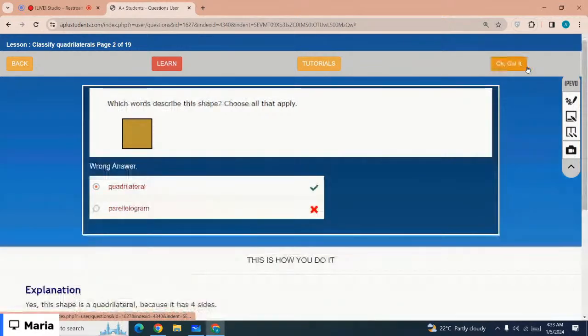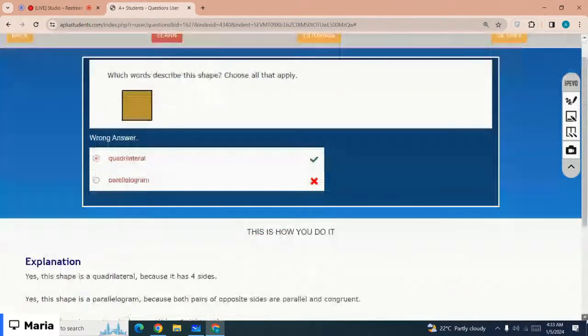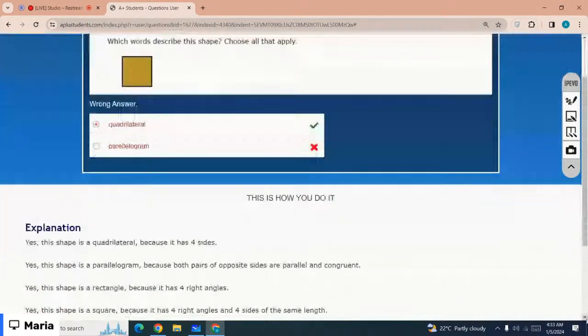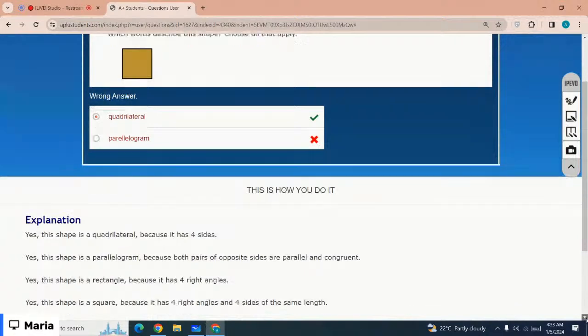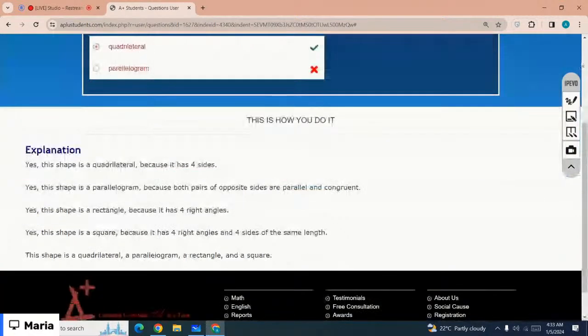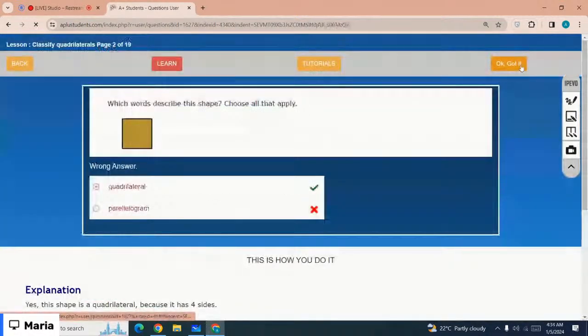Equilateral? Okay, let me see. Yes, this shape is a quadrilateral because it has four sides. This shape is a parallelogram because both pairs of opposite sides are parallel and congruent. This shape is a rectangle. No, this is a square. What is this explanation? The correct option is quadrilateral. It is. Okay.